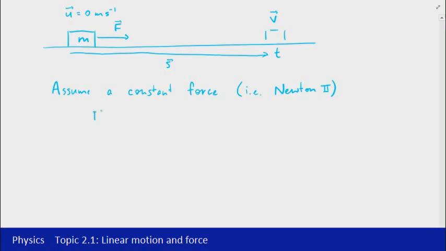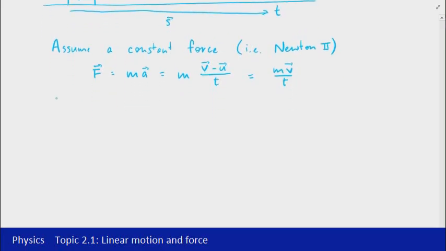And we know from Newton's second law that F is equal to ma, but we know from our equations of motion that acceleration is the rate of change of velocity, so we can call that (v minus u) over t. But in this case u is equal to 0, so the equation for the force becomes mv over t. So there's the first simplification that we need to do.